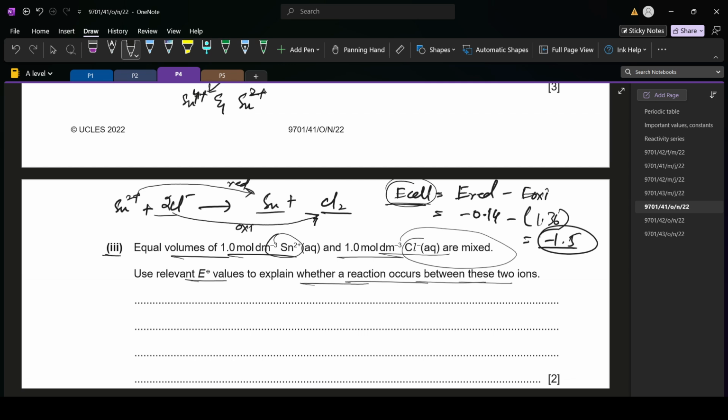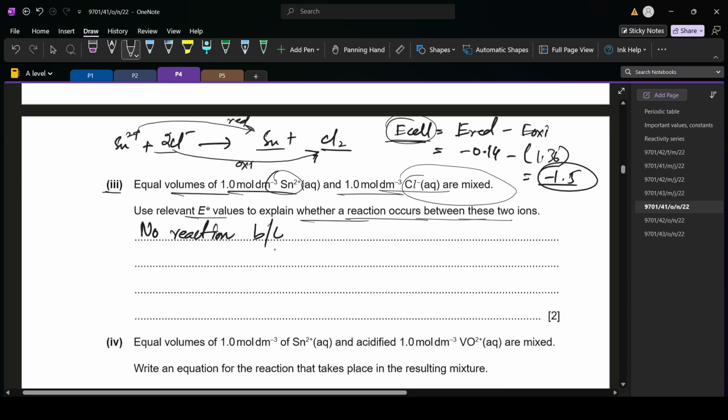But here the E cell is negative, so no reaction will happen, because the E cell is negative. E cell is about negative 1.5 volts, so the reaction will not happen.